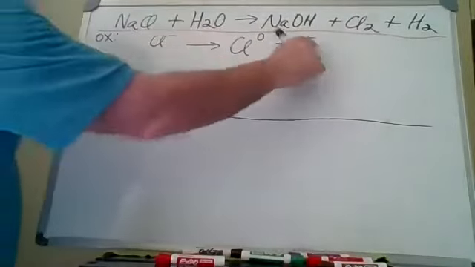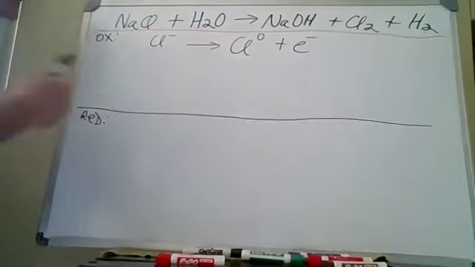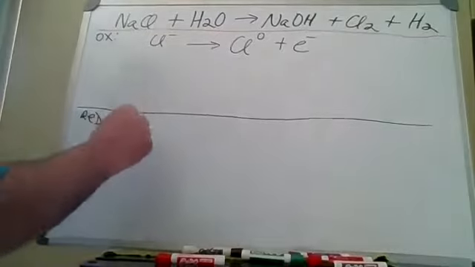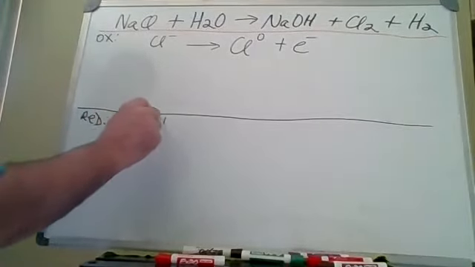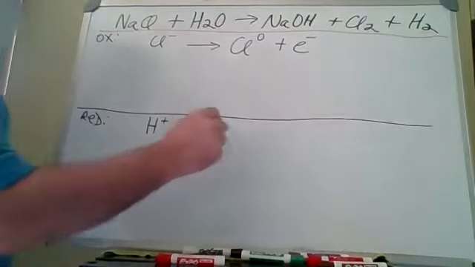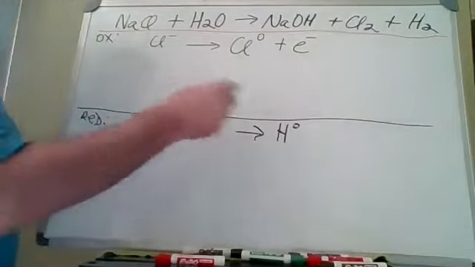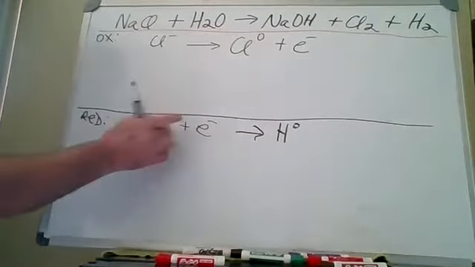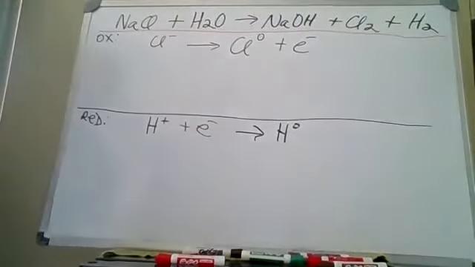Remember, the charges must balance here. It's an equation after all, a half reaction. Similarly, for the reduction half reaction, we have hydrogen beginning at +1. It's going to end up at 0, which means we must have added a negatively charged electron. So we have a charge of 0 here, a charge of 0 here.